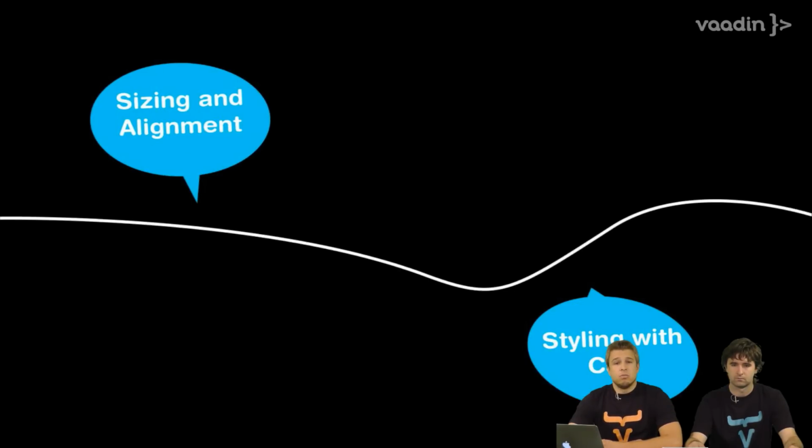We will also discuss the sizing and component alignment inside the free space of layouts and discuss how you can, for example, apply your own styles on other components and layouts as well.